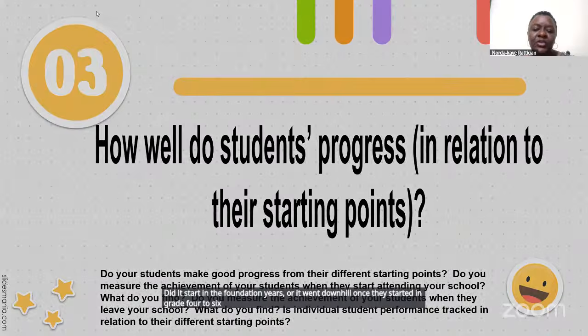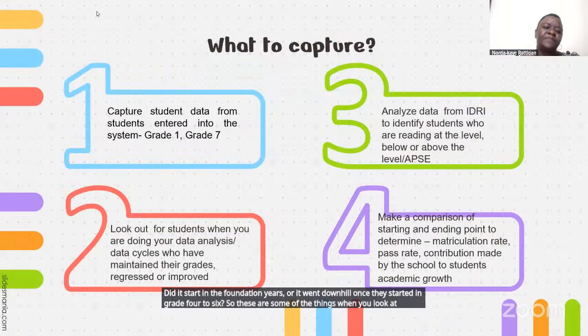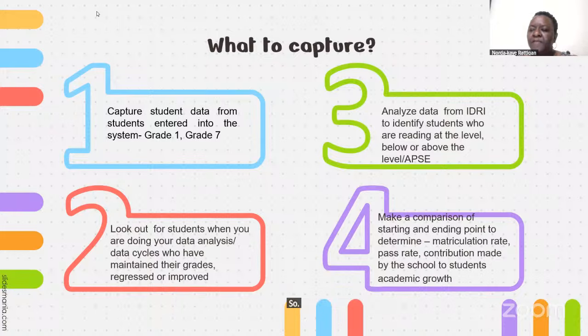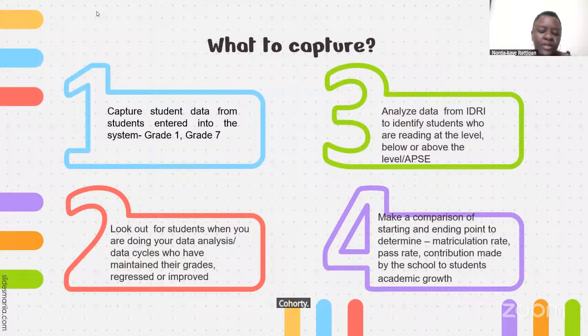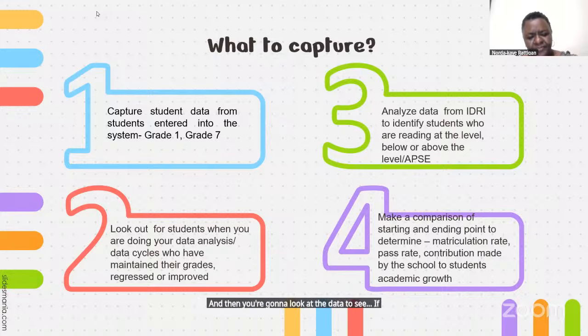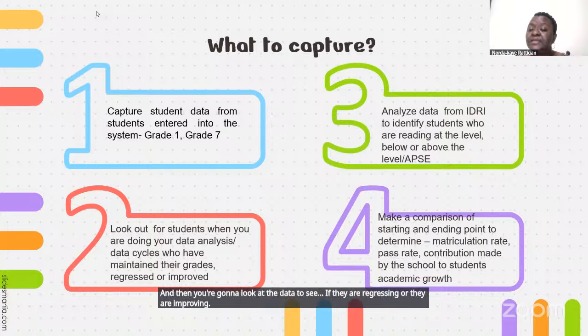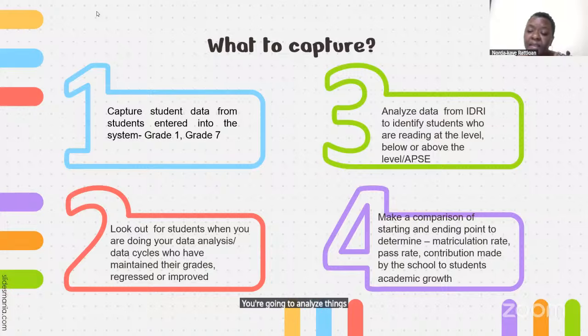So these are some of the things you look at when you're tracking student progress. Grade 7 would be for CSEC. When we got them in grade 7, how were they? For grade 1, that goes for the primary school. Then you're going to look at the data to see if they are regressing or improving. You're going to analyze things like your IDRI.